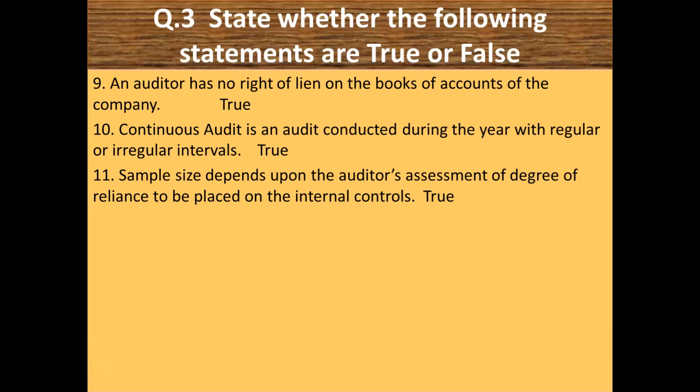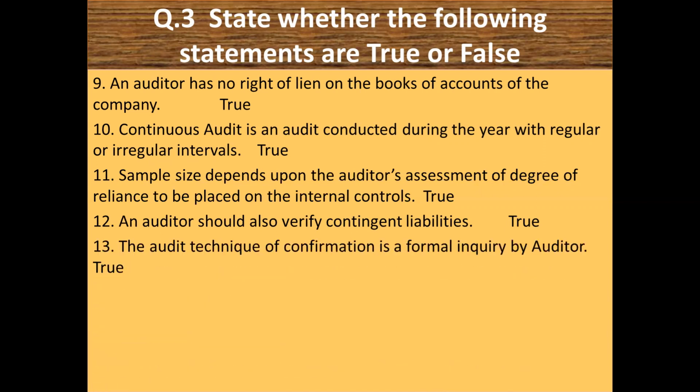Yes, this is a true statement because sample size is decided after evaluating the internal control of the organization. Right? Next, an auditor should also verify contingent liability. True, because contingent liability is also part of the balance sheet. So this is a true statement. The auditor has to verify the contingent liability.